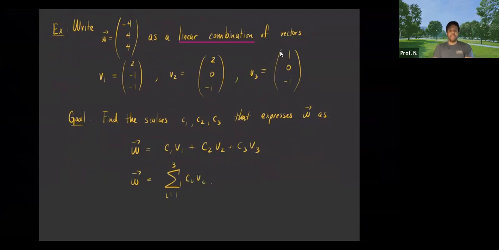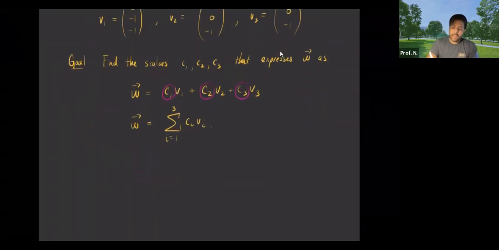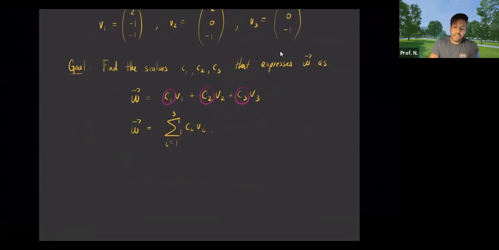That's what I want to figure out: what is C1, C2, and C3. That's my goal. If I'm able to do that, then I found the linear combination.